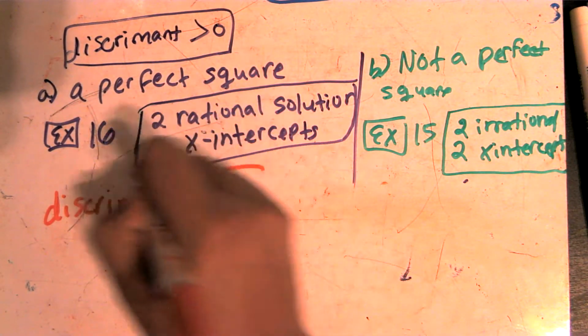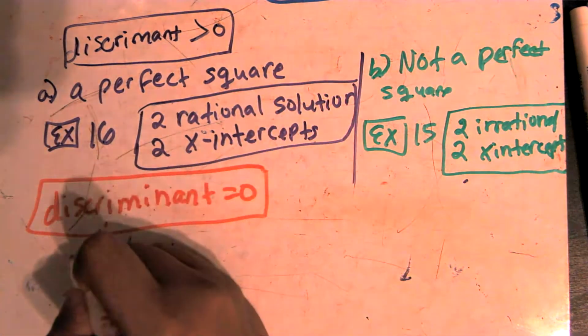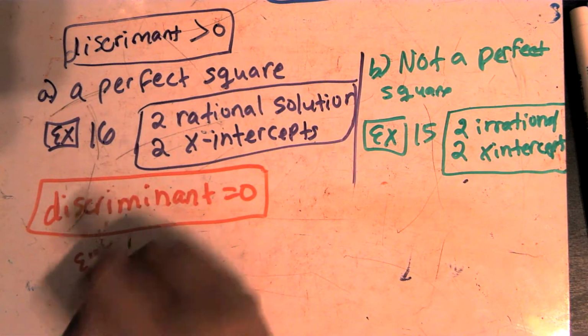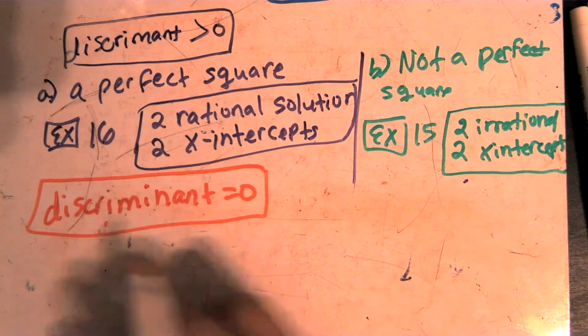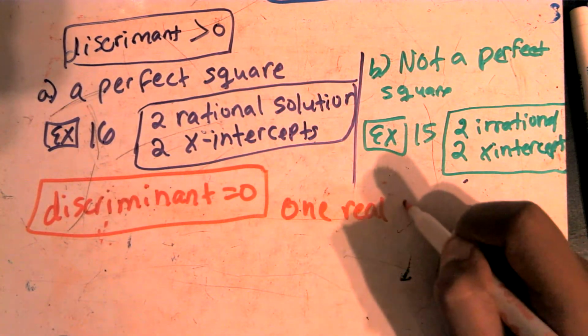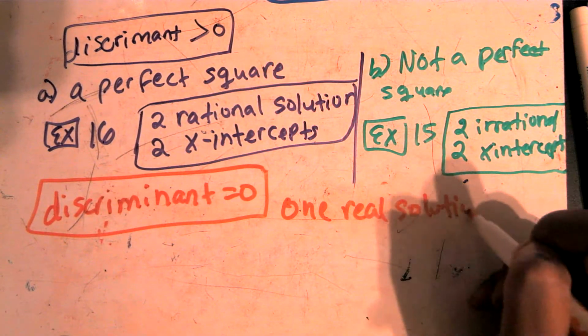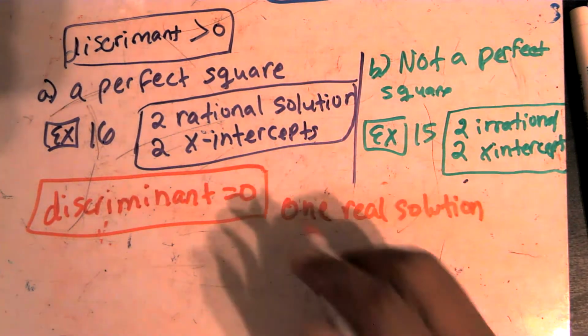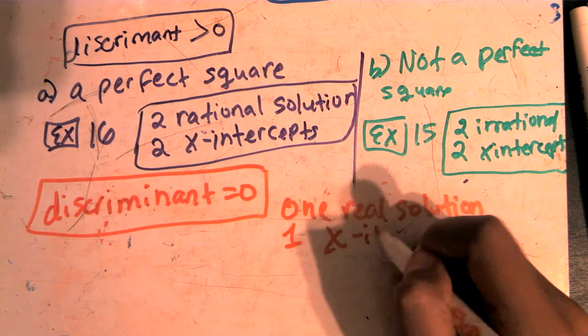So I'm just going to go ahead and summarize. If the discriminant is 0, for example 0, you have 1 real solution, 1 x-intercept.